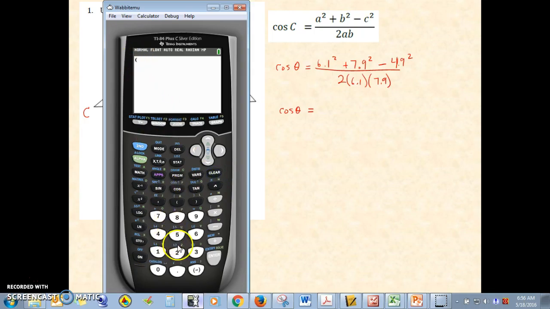So for my numerator, 6.1 squared plus 7.9 squared minus 4.9 squared, close my numerator, divide by my denominator, 2 times 6.1 times 7.9, close my denominator, and execute, and I get 0.7844988 and so on.